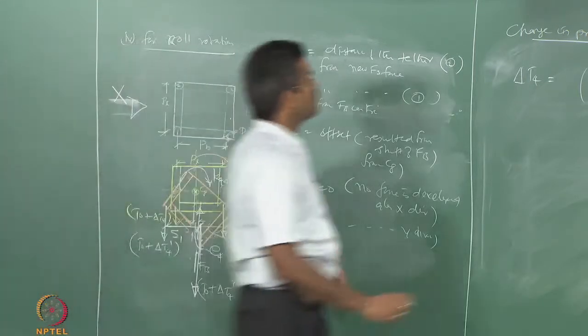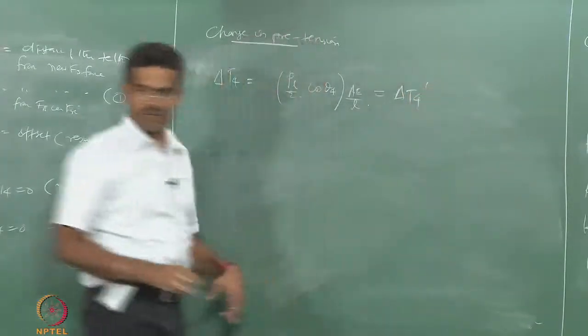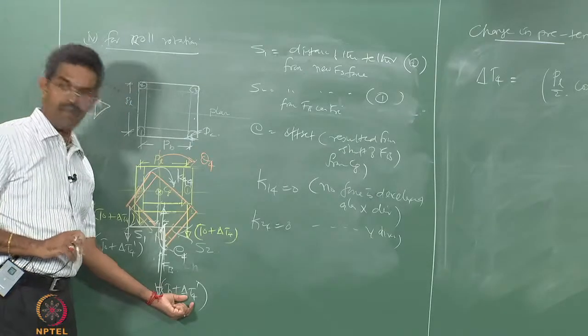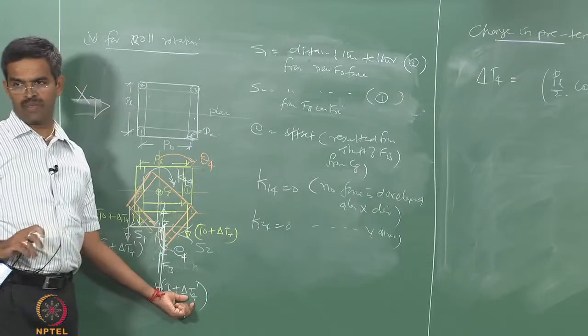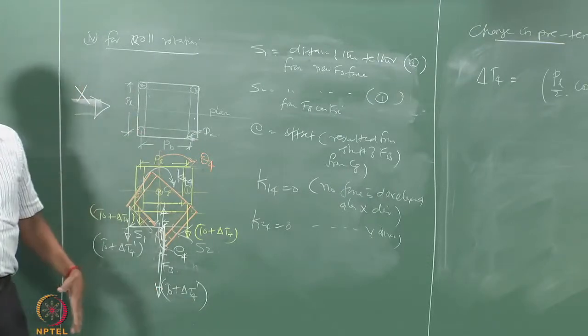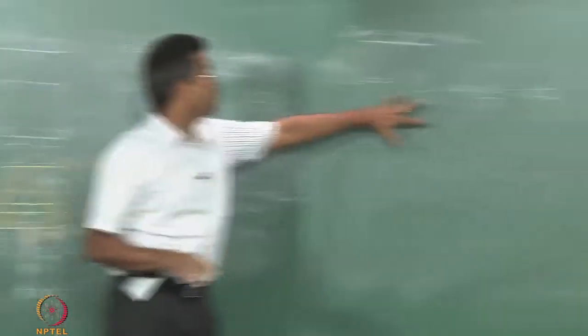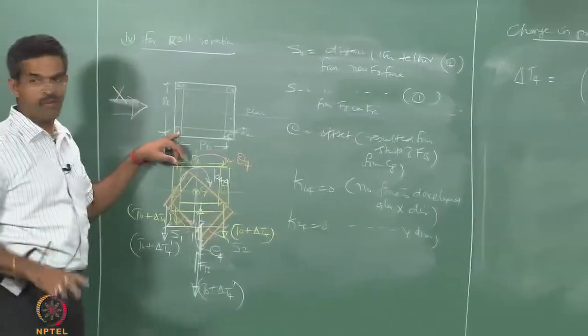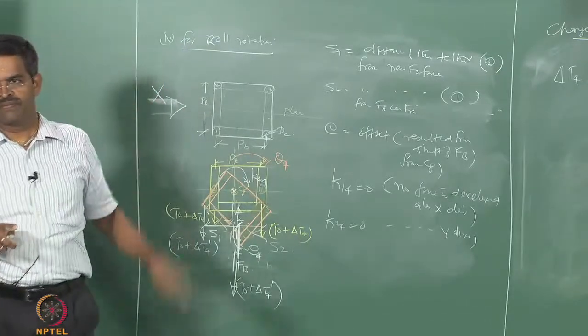So delta T4 ideally speaking is taken same as that of T4. So we assume that the tension change in the farthest leg is the same as that of the nearer leg also, because the platform is symmetric, that is why I am using PL by 2 here. Had this been a triangular one, then the tension in the nearer leg would be different than that of the farther leg.